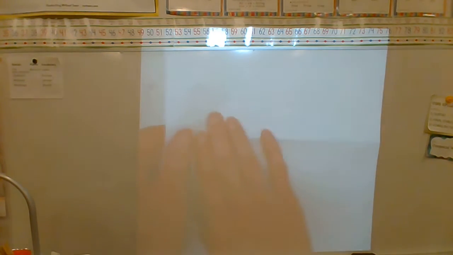When you open it back up, remember that you will have equal sides. And how many equal parts does your paper have? 2, that's right. And what is each part called? 1/2, 1/2. And each half is the same size, okay?